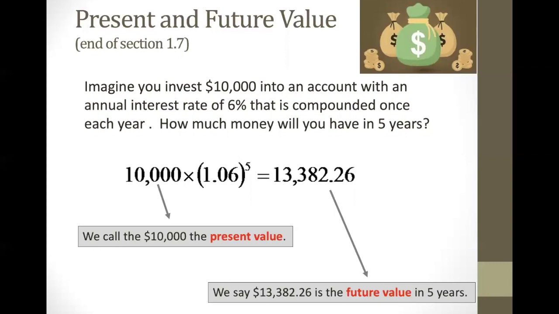If I offered you $10,000 today, or $13,382.26 in 5 years from now, monetarily, they're the same value. Of course, you might think it's best to get the money today. But if we're assuming all you can do is invest it in an account with 6% interest, then we would say the present value is 10,000 and the future value is $13,382. And again, that 26 cents.